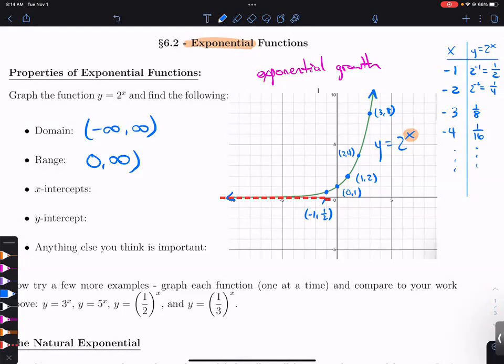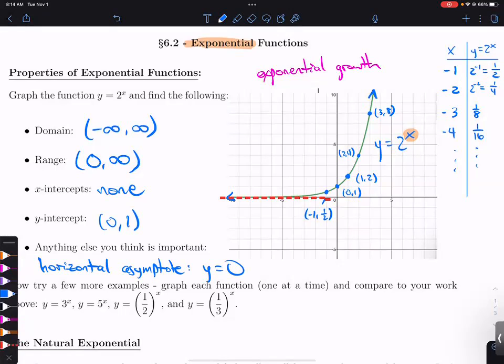Because no matter, negative 1,000 or something, 2 to the 1,000 power is a big number, but it's the reciprocal of that, 1 over it, still positive, right? You're never actually going to reach 0, which means there are no x-intercepts. There's a y-intercept at 0, 1, and again, there's that horizontal asymptote at y equals 0.